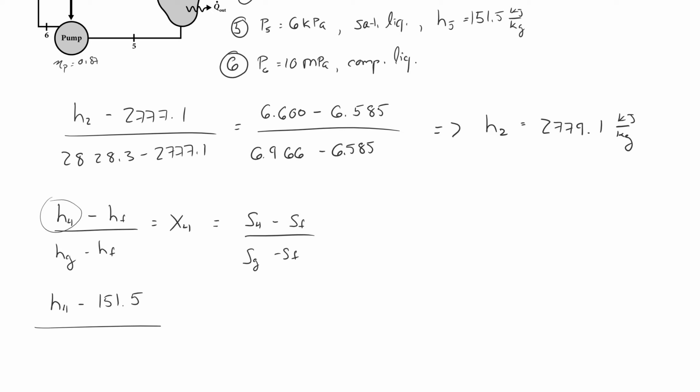And then now the difference between the enthalpy of a saturated liquid and a saturated vapor, 2415.1. This is often referred to as HFG, and it is in your table. Okay, so now just plug in my entropy values.